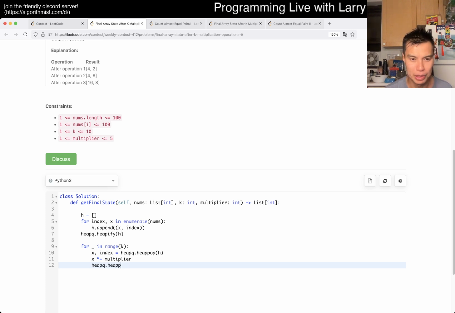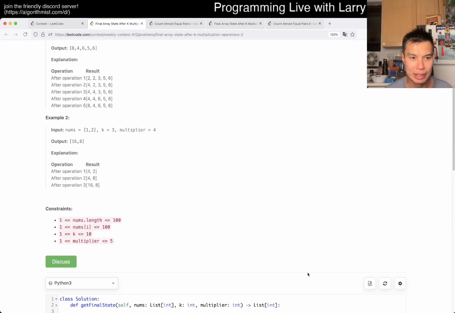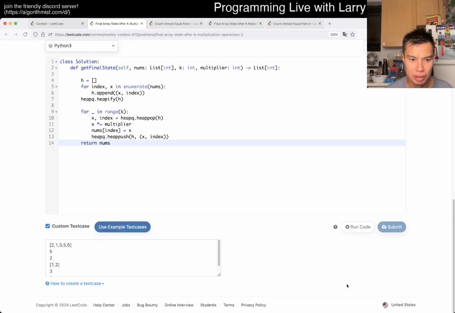Heap push. Something like this, right? Unless I'm misreading it. All right, let's go.